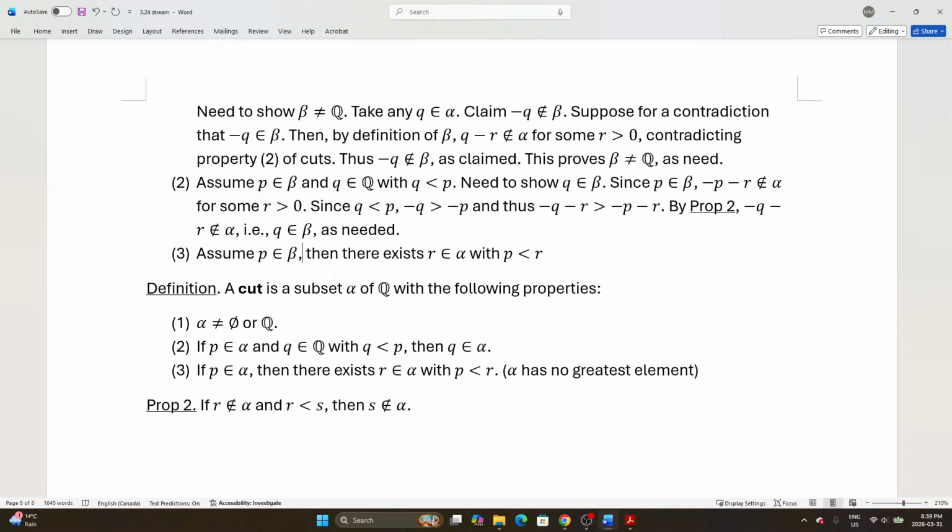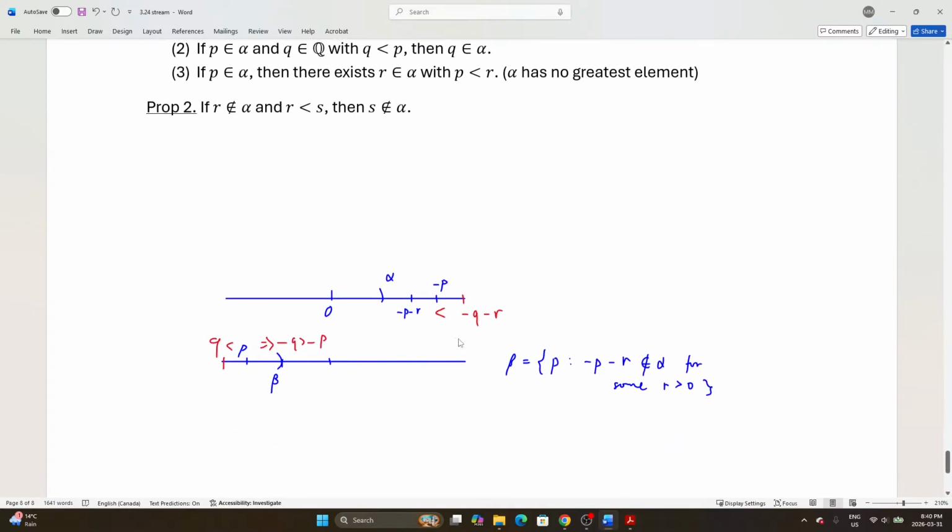Then there exists, and we change that to need to show, need to exhibit some r in beta with p less than r. Namely, beta has no greatest element. So how do we do that? Okay, well, let's take a look at the picture again.